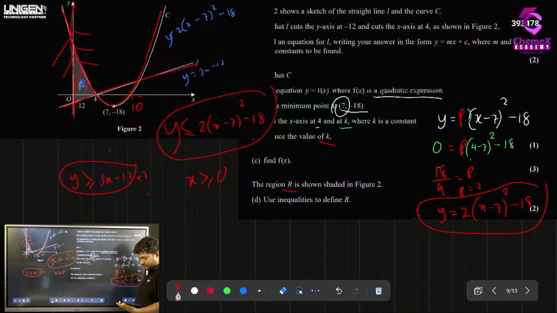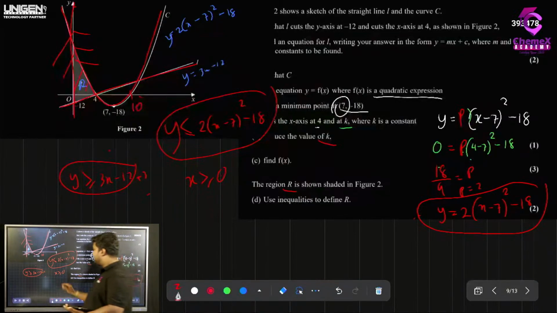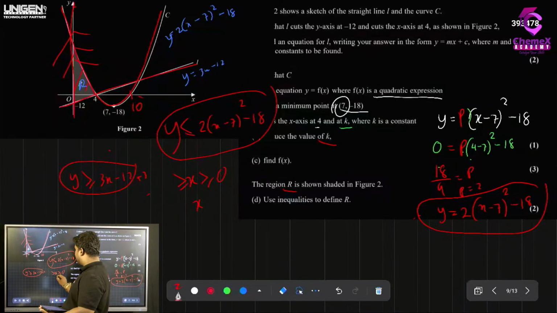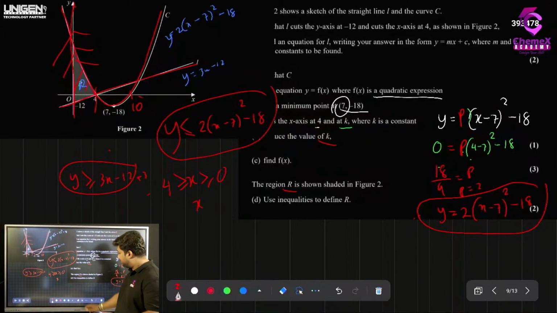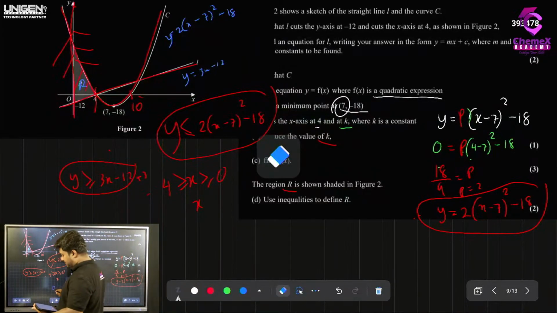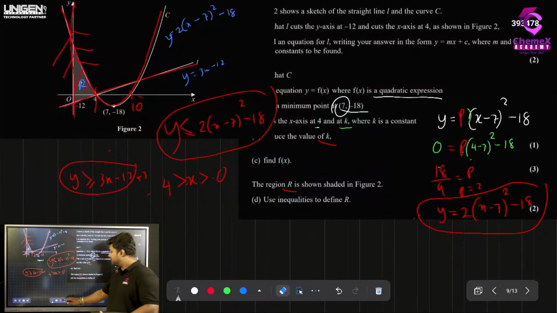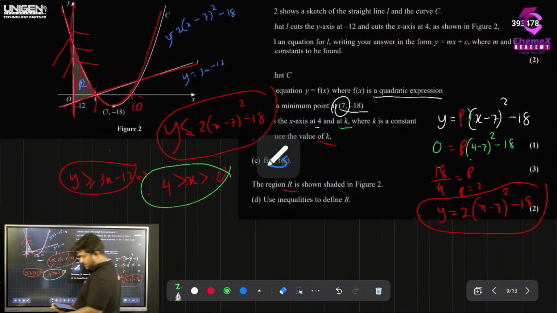And x is smaller than or equals 4, because it should be below 4. Got it? So these are the three inequalities.